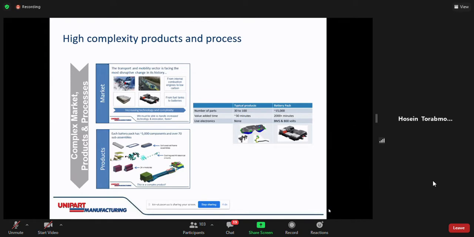The supply chain was clear, and it was all easy. When we get to electrification and something like a battery pack, we're talking about 15,000 parts in a bill of materials, and we are talking about a battery management system and an 800 volt system, which is very dangerous in terms of safety and storage and everything that we deal with on the shop floor.